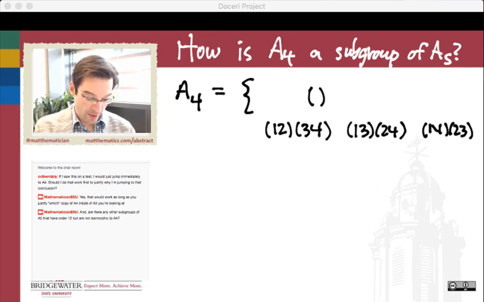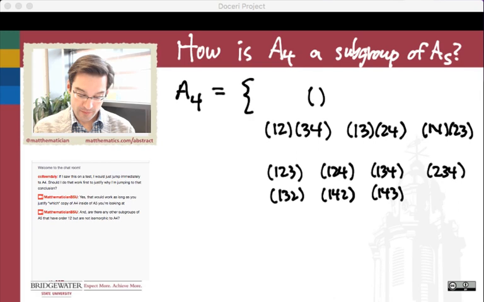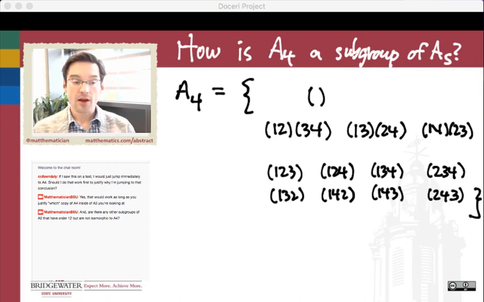And then we have all the 3-cycles: (1 2 3), (1 3 2), (1 2 4), (1 4 2), (1 3 4), (1 4 3), (2 3 4), (2 4 3). So these are all the even permutations of 4 symbols.